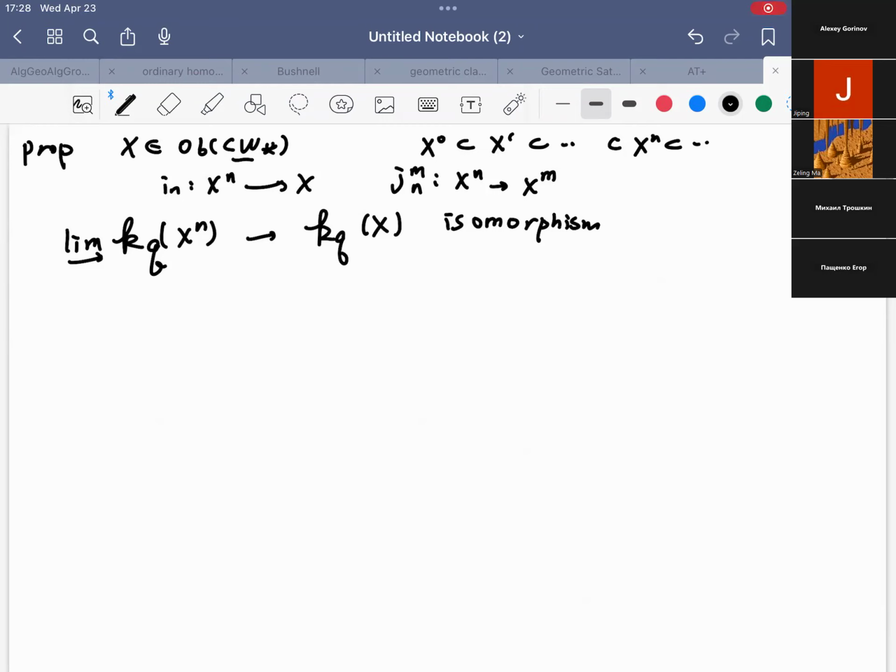So we want to prove the statement about the homology.